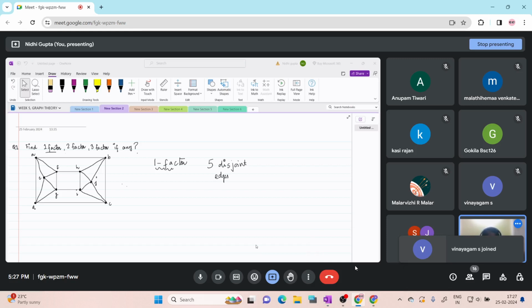So think about this. So what do you think? Does this graph have a perfect matching or not?